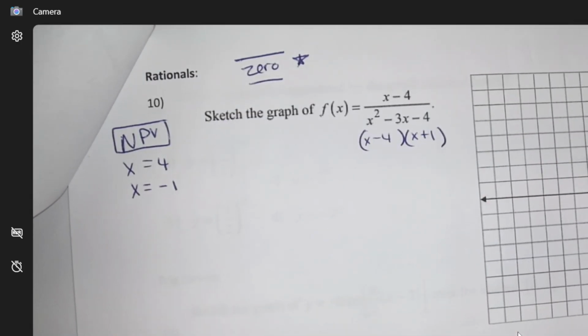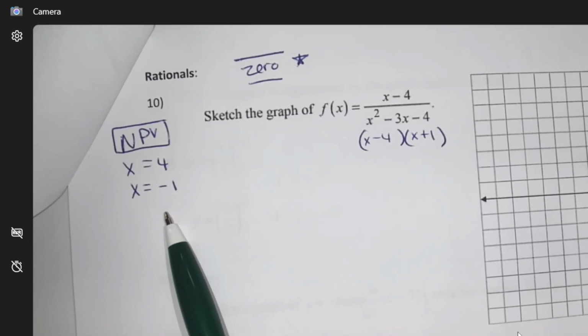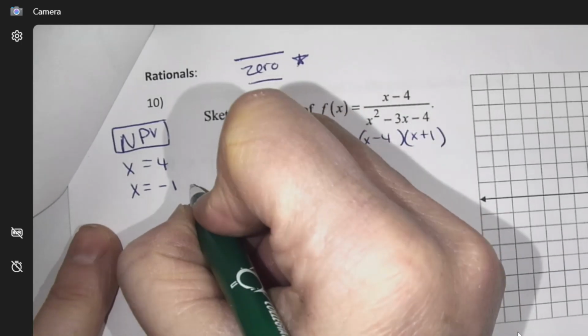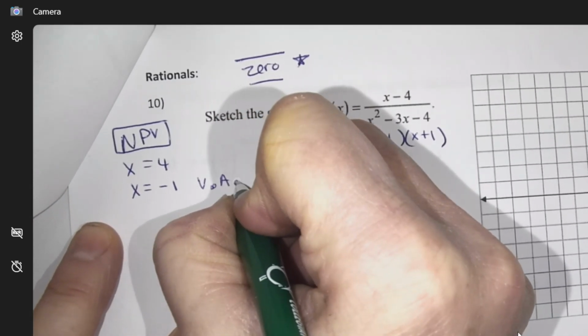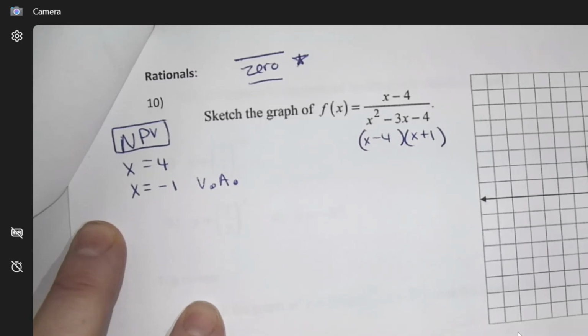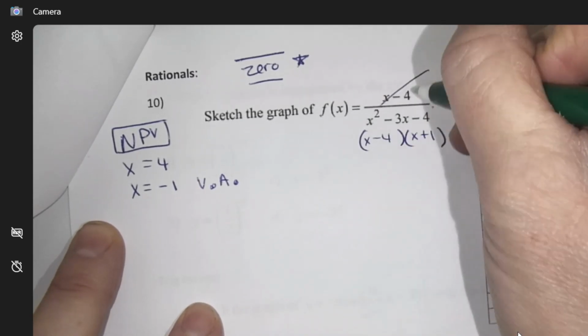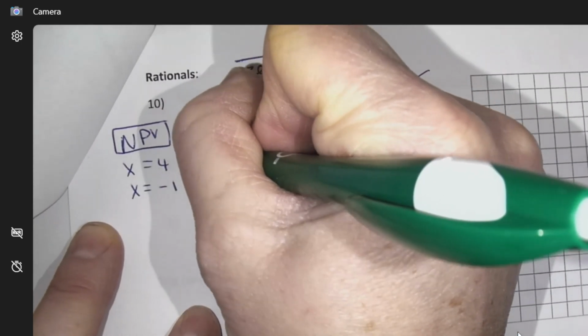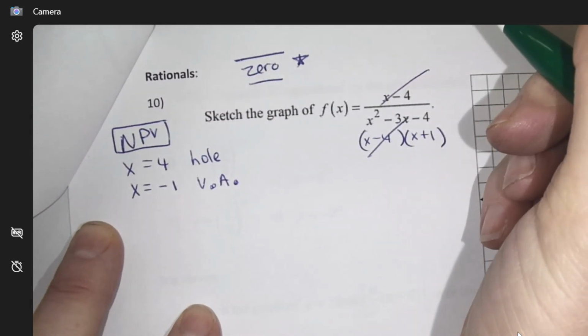Okay, so these are called NPVs, non-permitted values, 4 and negative 1. What do we know about the non-permissible value rule? It's going to be a vertical asymptote unless there was a canceled factor, then it is a hole.